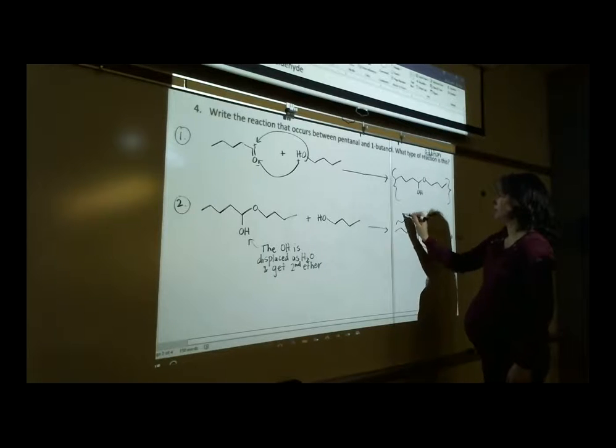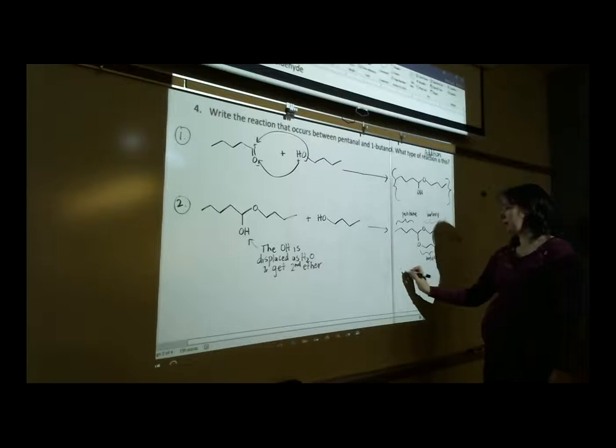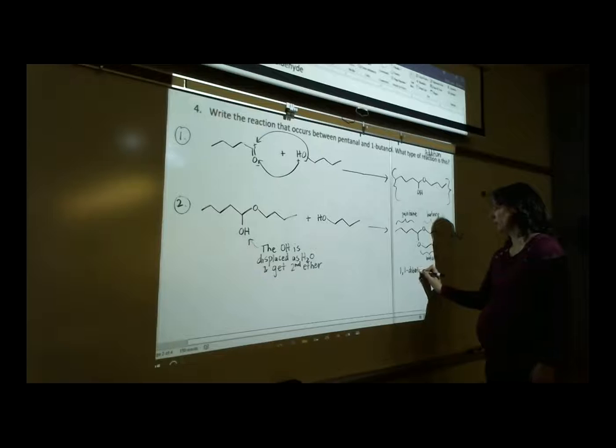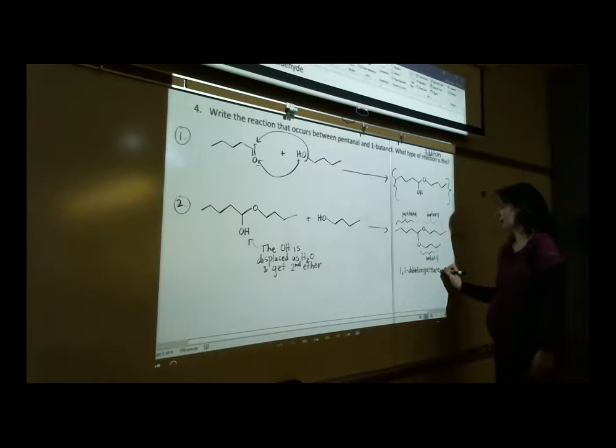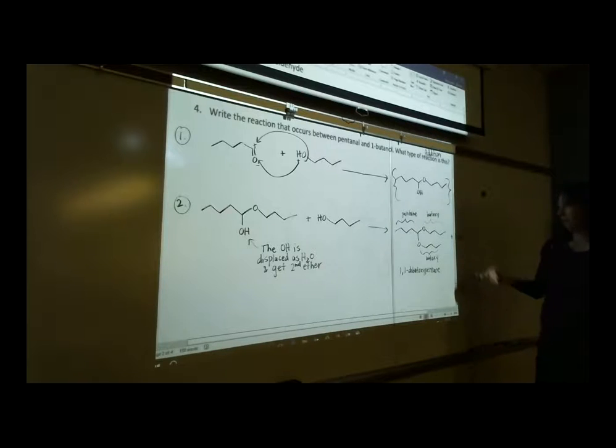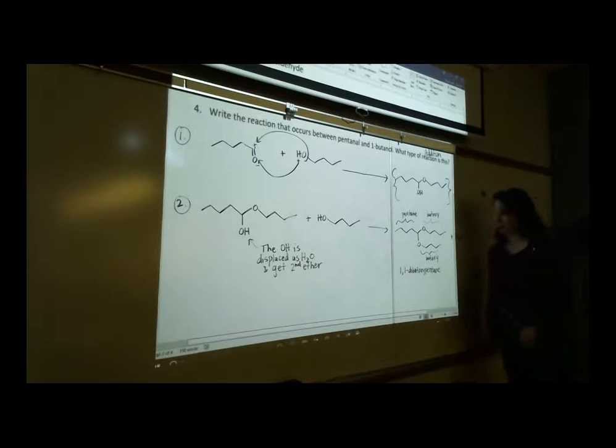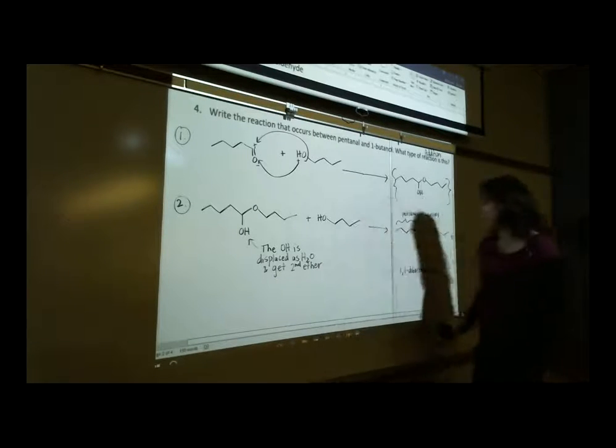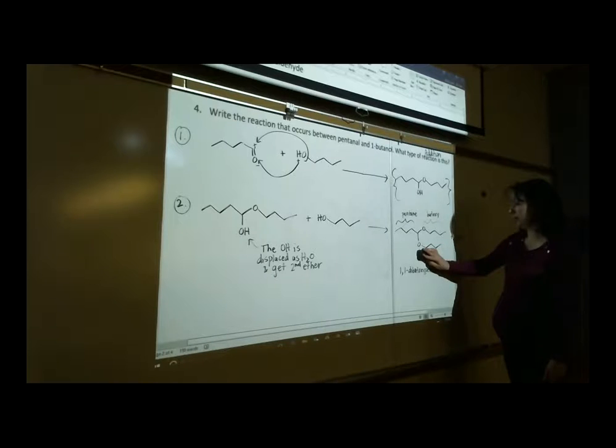So this is a pentane. So this would be 1,1-dibutoxy pentane. I wouldn't ask you to name that on a test, but I just like going through it so you can get the practice. I would ask you to draw a product, though.